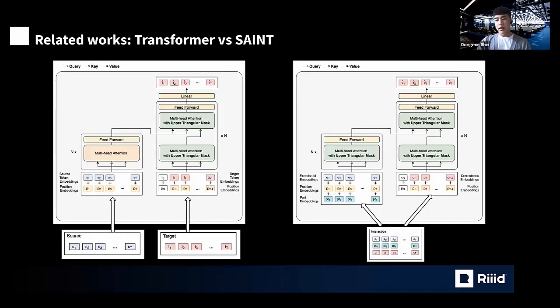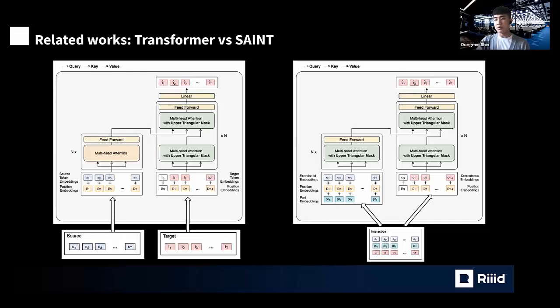For example, English-French translation. In this case, English text is fed into the encoder part as source tokens on the left part of this. And then French text is fed to the decoder part as target tokens. And transformer shows superior performance in machine translation tasks compared to previous models.